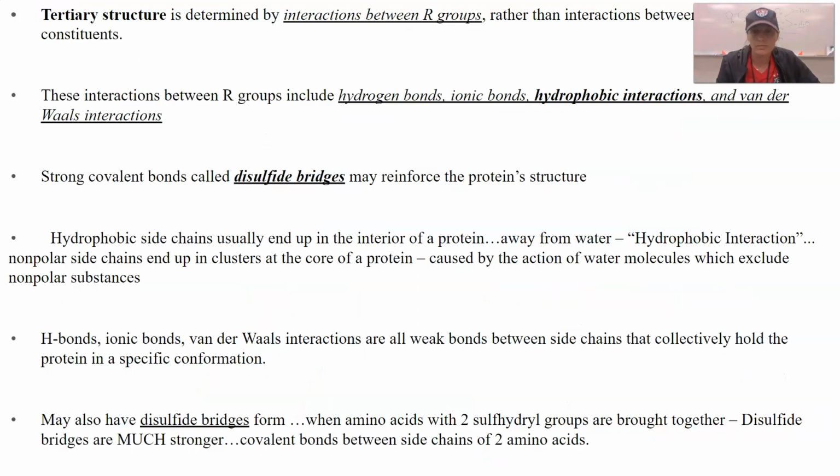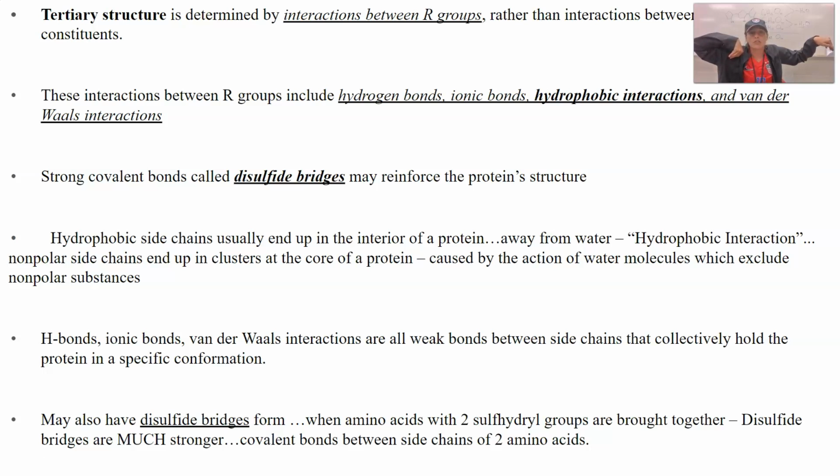Now once we've got our hydrogen bonds and interactions between R groups, we can move to a tertiary structure where we are further coiling. We were doing this right here in the beginning, bending and coiling.